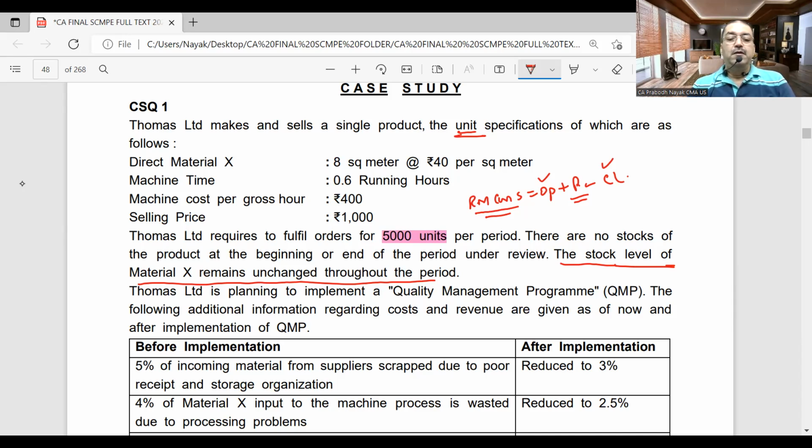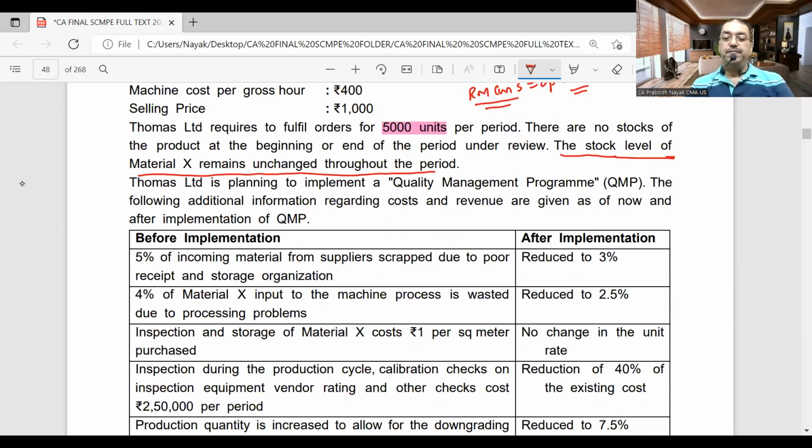Commerce Limited is planning to implement a quality management program, QMP. The following additional information regarding the cost and the revenue is given as of now and after implementation of QMP. So they have given you before and after implementation of QMP what has happened.